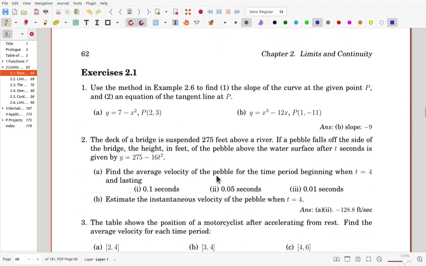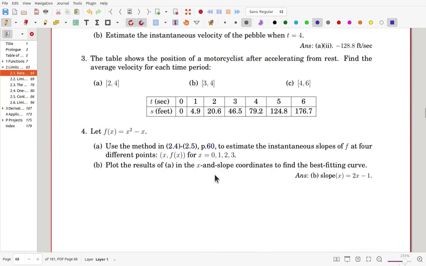By using the technique, we want to get the slopes at these 4 points. We try to get instantaneous slopes, and after finding them, you can find a function representing those 4 points. So let's do one of them.